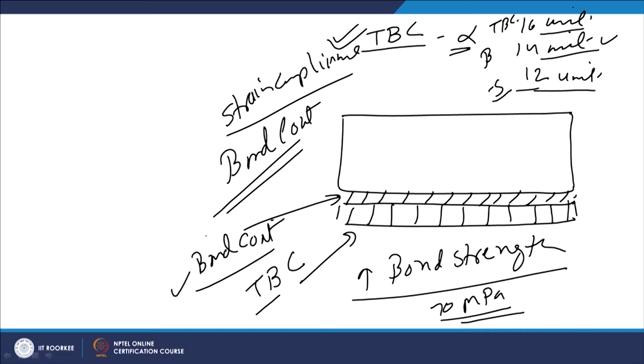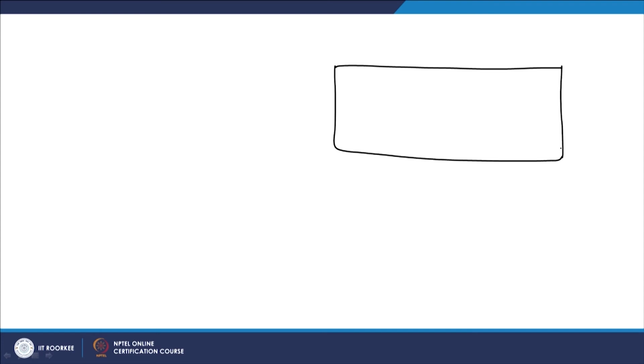So, bond coats are applied in order to increase the bond strength. Now, we know that if the TBC coating is very thin, then the transfer of heat from the outside to the substrate will be easier.